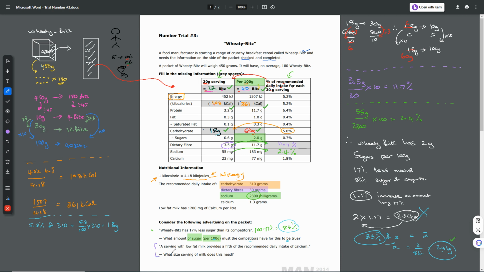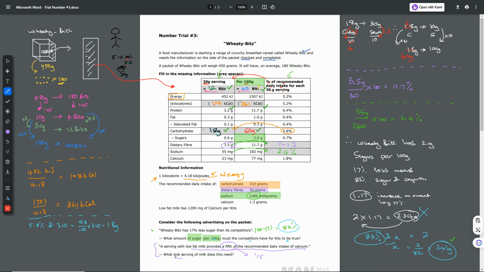The last part now says a serving with low-fat milk provides a fifth of the recommended daily intake of calcium. There's a number in there which is 1/5, a fifth. A serving of low-fat milk provides 1/5 of the recommended daily intake of calcium.